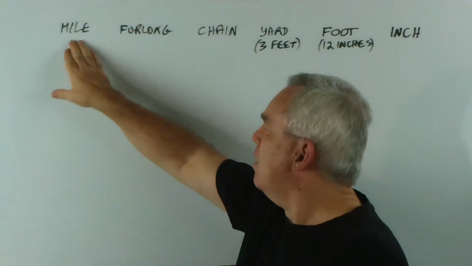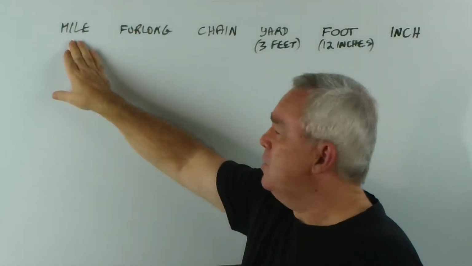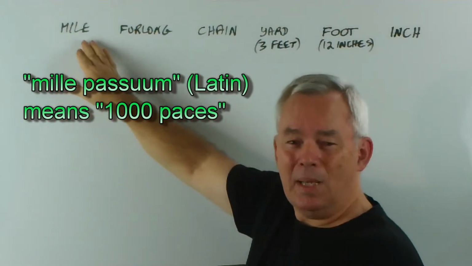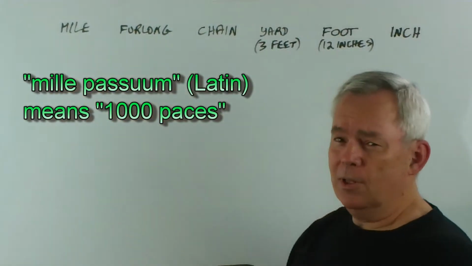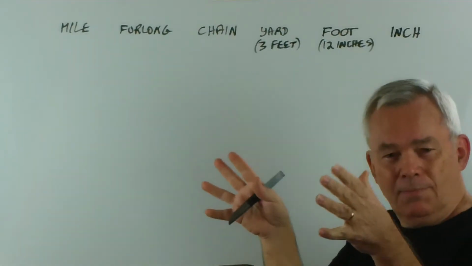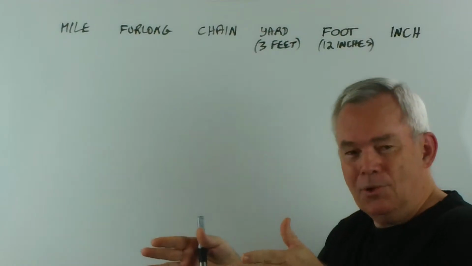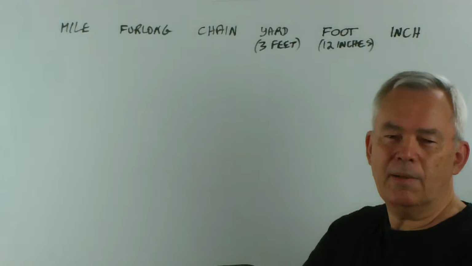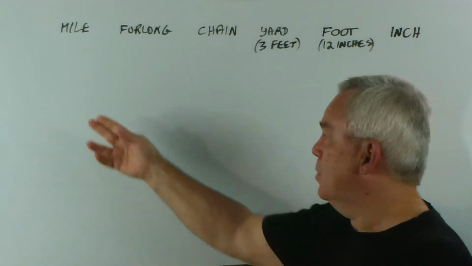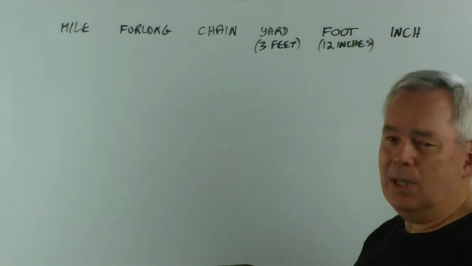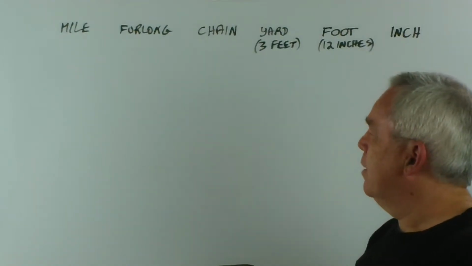And the mile, back in the Roman days, comes from the term mila passum, which means 1,000 paces, or if you like, 2,000 steps. So some soldier or group of soldiers would be counting these out, and they used to put a peg in the ground about every 1,000 paces, which was a mila, or a mile. And hence we get our milestones and such like.